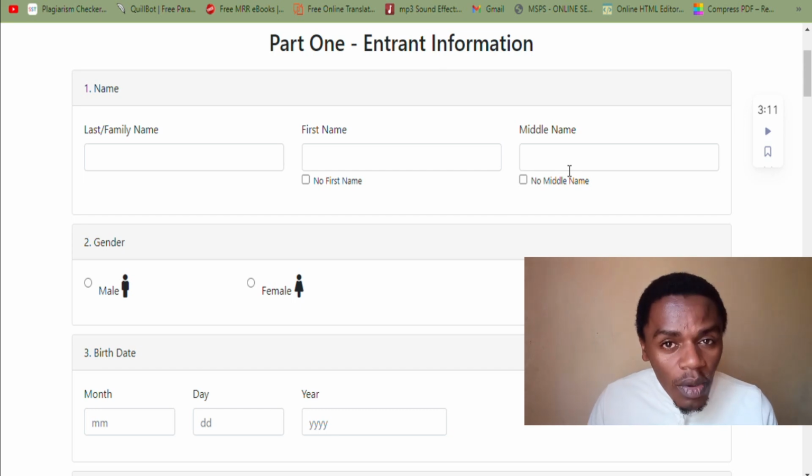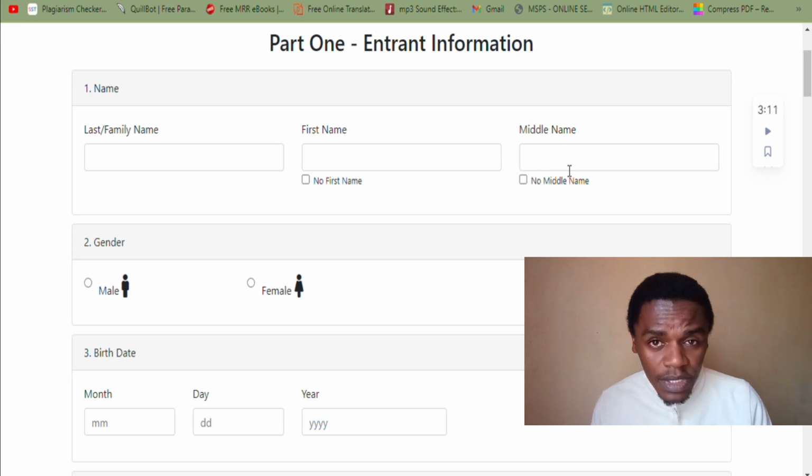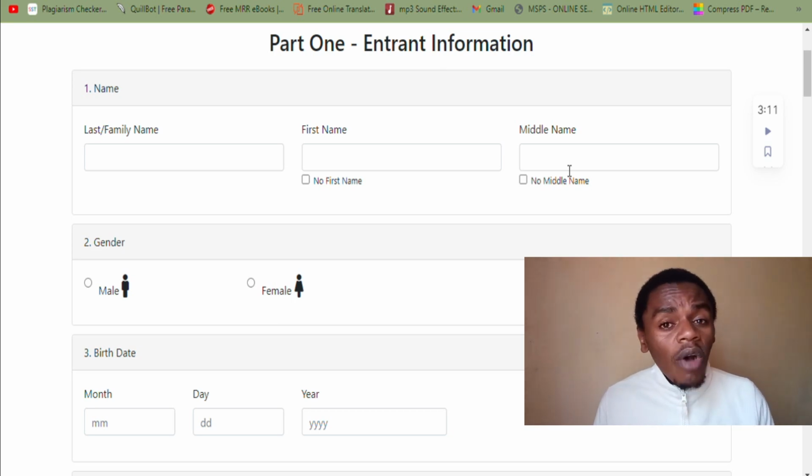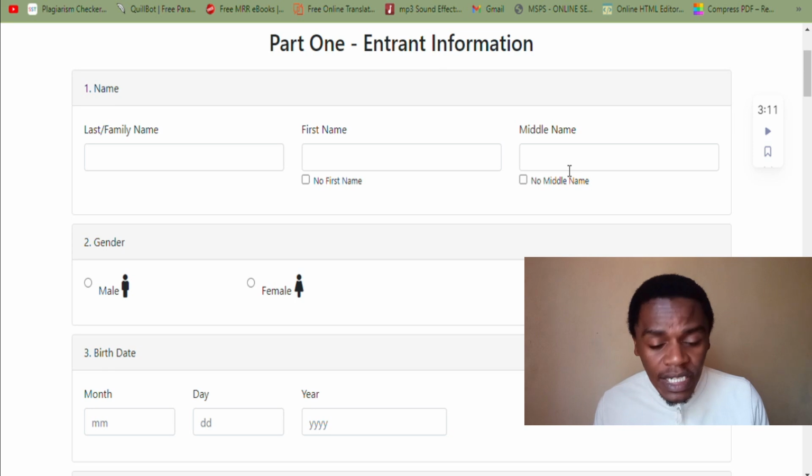Having your birth certificate, you'll know whether you have 3 names or 2 names. And if your birth certificate has 3 names, don't make the mistake of filling 2 names and rejecting the other name. Whatever names appear on your birth certificate, copy exactly as they are, letter by letter, into these slots.